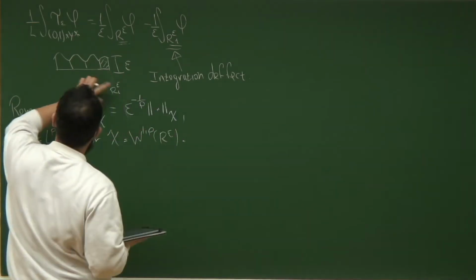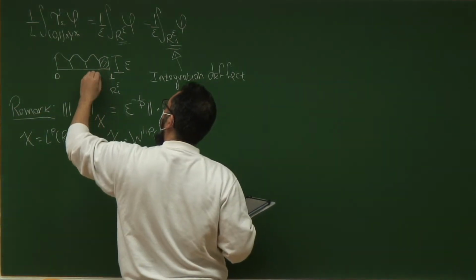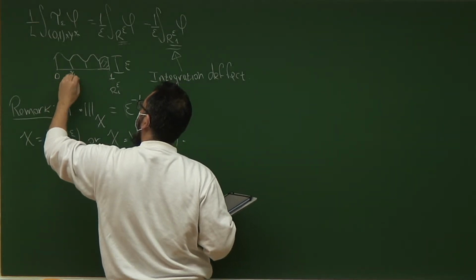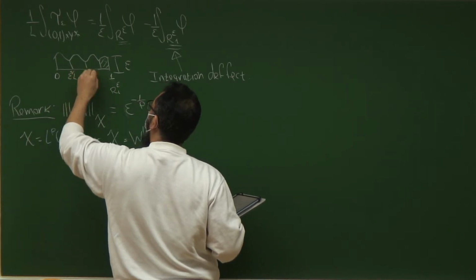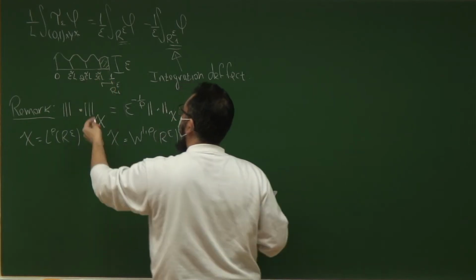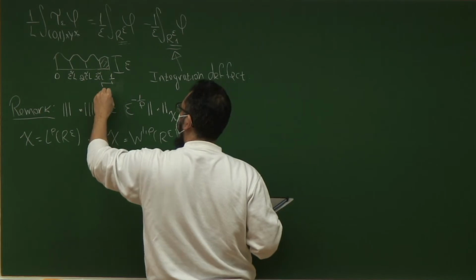I mean, if you have the interval 0, 1 here, we have something like this. Here is 2 epsilon alpha L, 3, and so on. And so this distance here is something of order epsilon alpha.